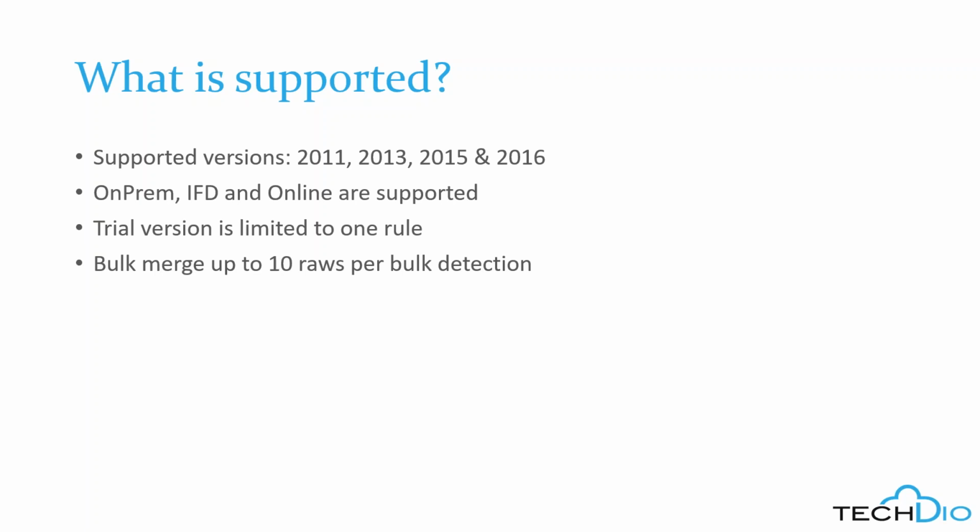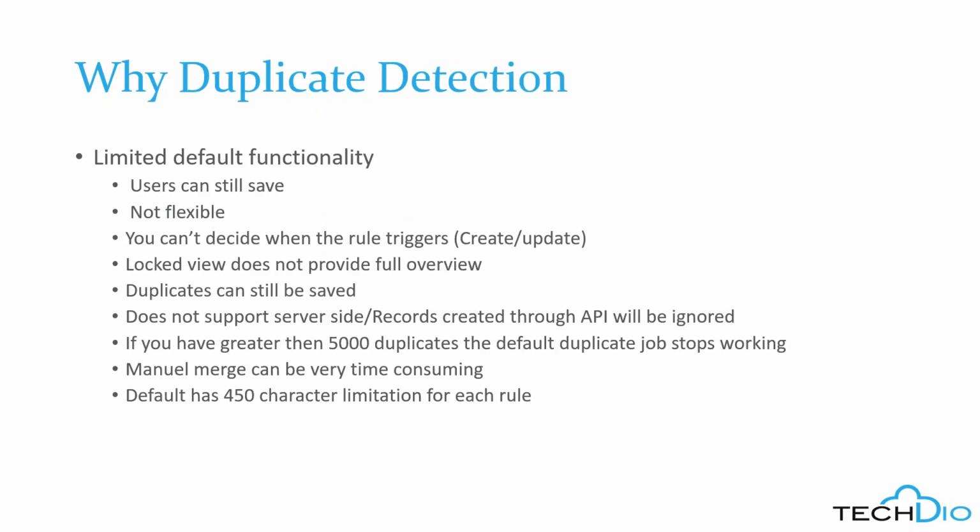The app can be experimented with by downloading a trial version, which is limited to 1 rule and 10 auto merge rows per bulk detection job. You are obviously welcome to download and experiment with it and see if it's something you can utilize within your organization. But the main question is why duplicate detection?